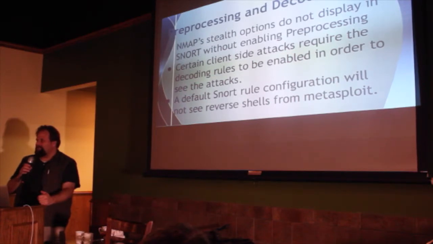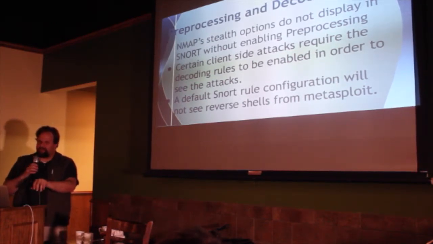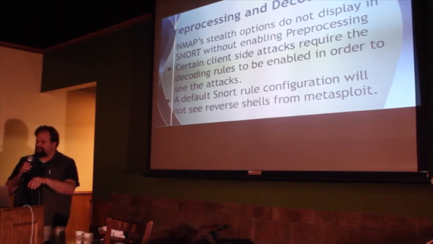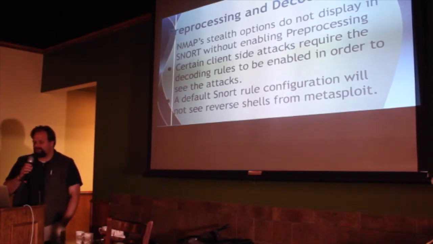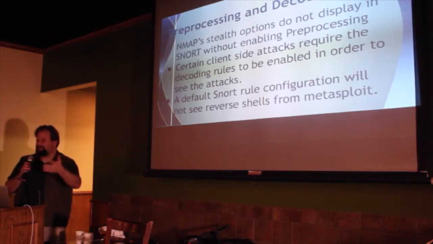There's like one that, if you use the really loud, obnoxious Nmap scan, it's going to show up. But anything else pretty much doesn't show up. So pre-processing has to do that. It'll go through and actually take the traffic and make sure it's decoded and resequenced correctly. And then you'll see the scans.